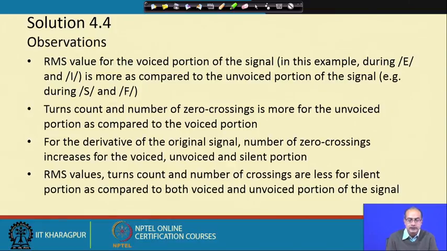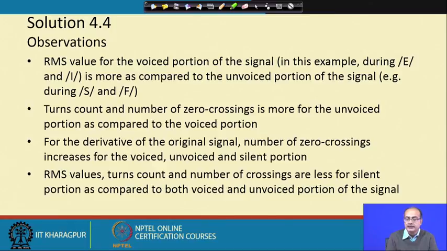Next, for the derivative of the original signal, the number of zero crossings increases for voiced, unvoiced and silent portions. When we take the derivative signal, the zero crossing is increasing.